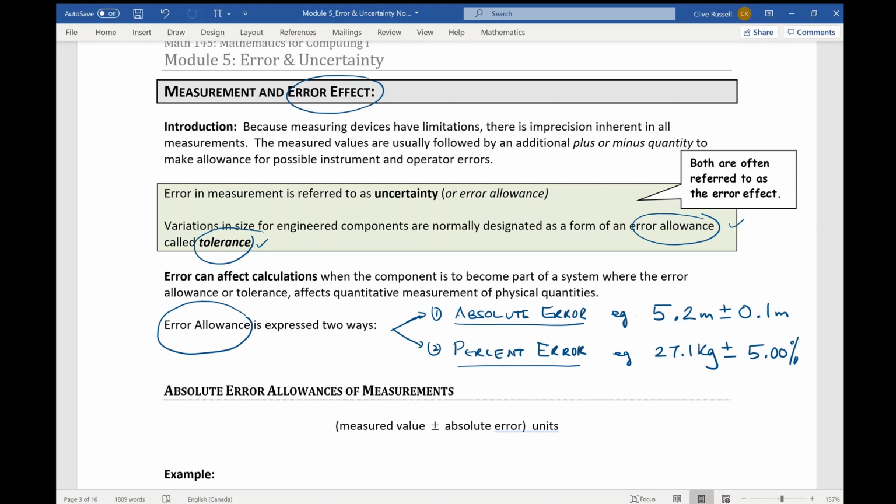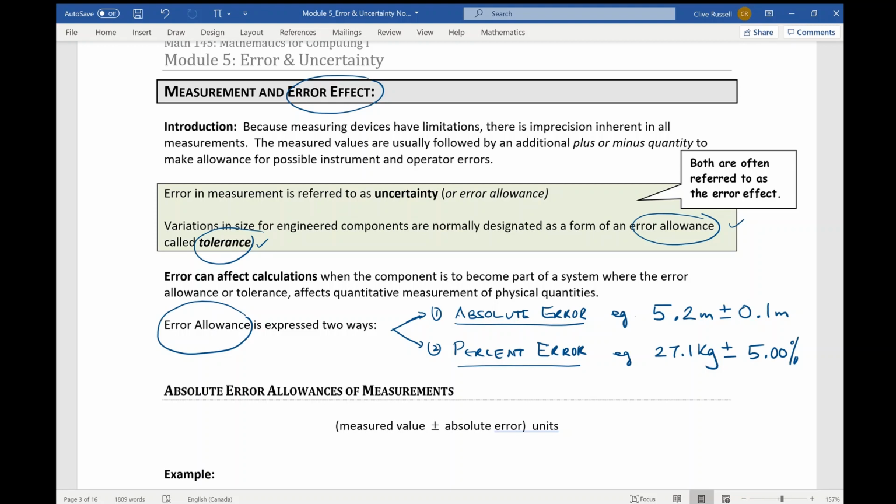The absolute error would look something like this: 5.2 meters plus or minus 0.1 meters. It means my measurement could be anywhere between 5.2 plus 0.1 or 5.2 minus 0.1, so between 5.3 and 5.1. 5.3 would be my upper limit, 5.1 would be my lower limit. We could also express it as a percentage error, 27.1 kilograms plus or minus 5.00%.